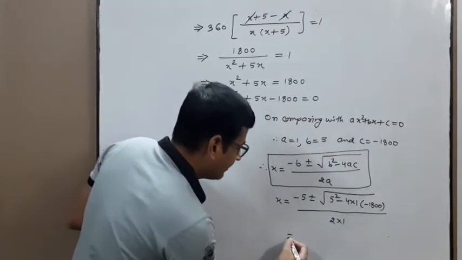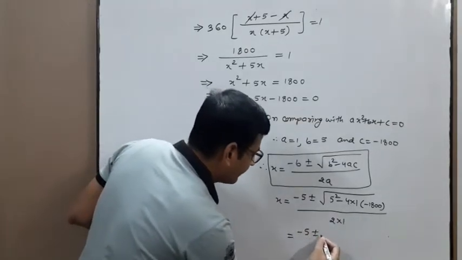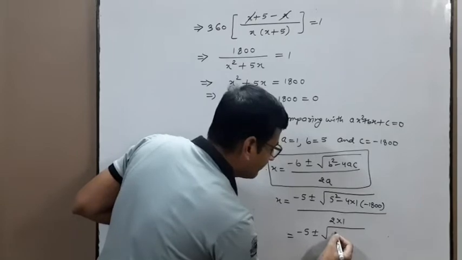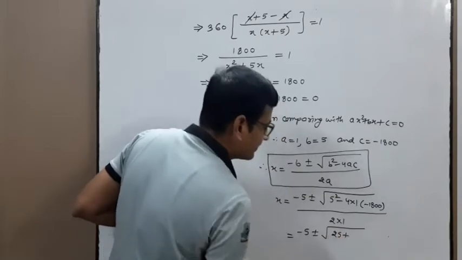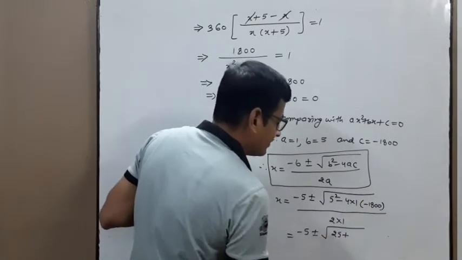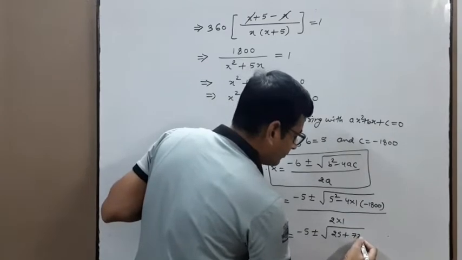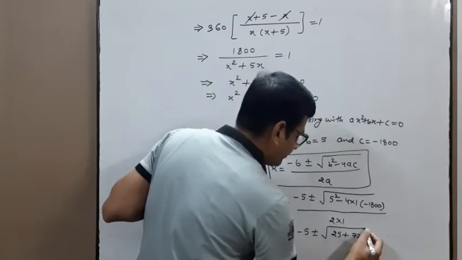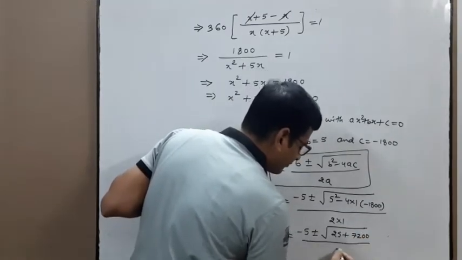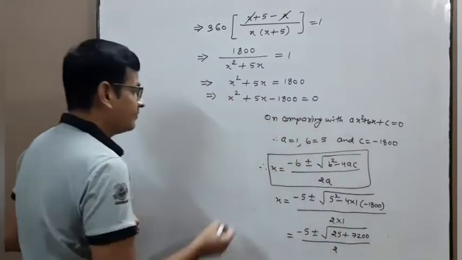More simplify: minus 5 plus minus 25 plus 7200 upon 2.